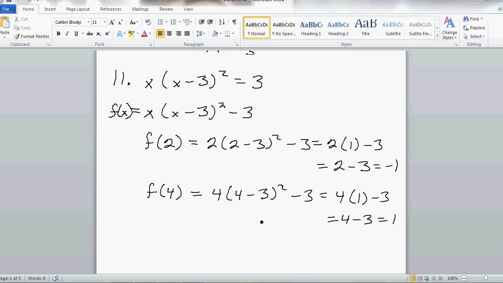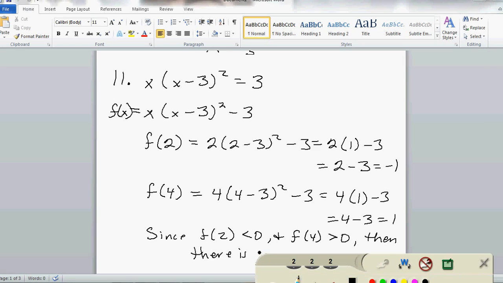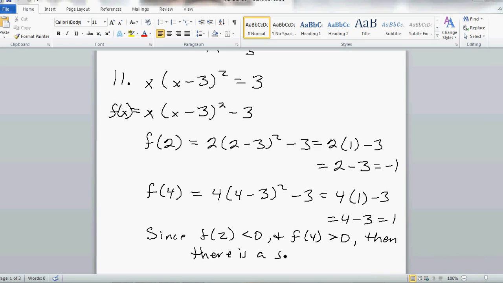Now, basically, since f of 2 is negative and f of 4 is positive, then there is a solution between 2 and 4.